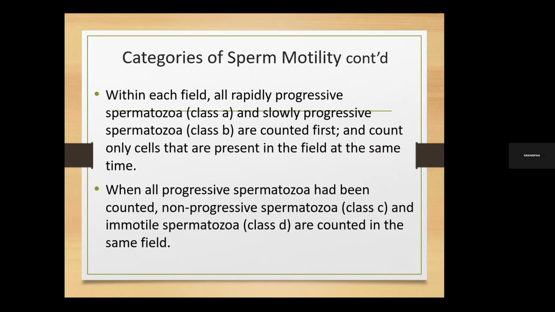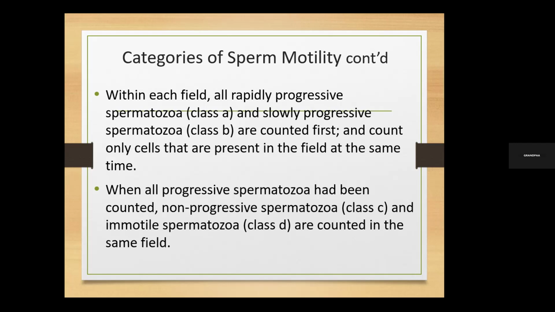Remember that when we are doing the total motility, I said that the practical approach is to just count those that are dead, that are immotile, which is very easy to get, and then you estimate their percentage, subtract from 100, and take that as your total motility.